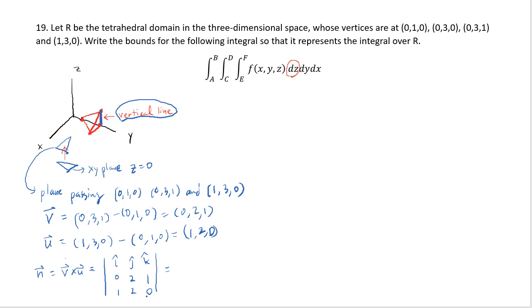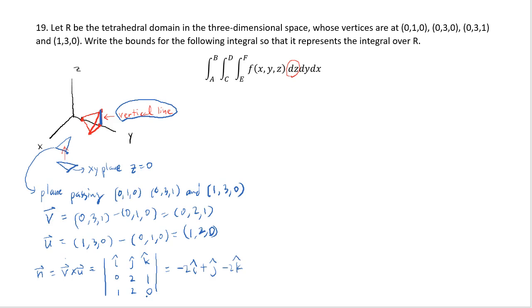For i, you have 1 times 0 minus 2 times 2, so it's negative 2i. And for j, you have 0 minus 1, but j has a minus, so it's plus j. And for k it's 0 minus 2, so it's negative 2k.